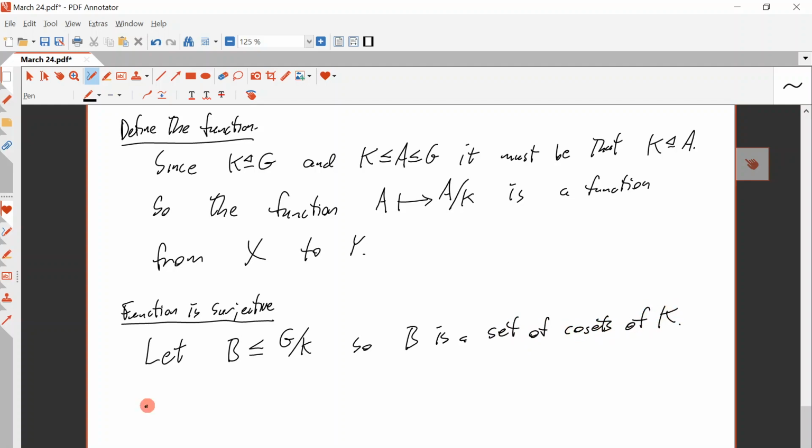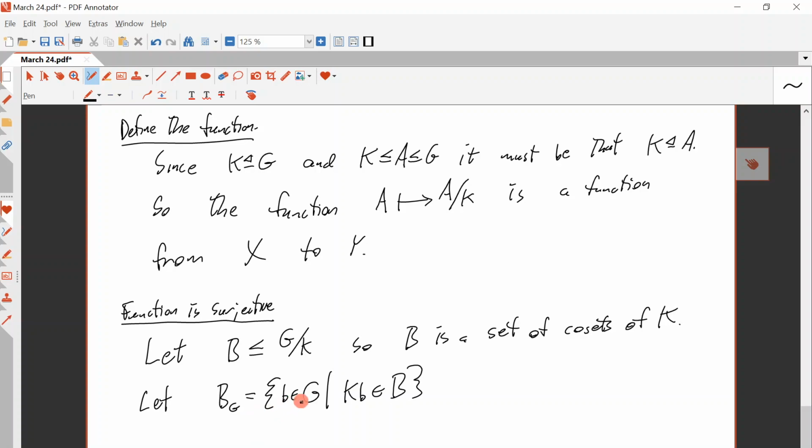Okay, right, let B_G be the set of all little b in G such that Kb, the coset for b, is an element of B. We want to show that B_G is B, that B is B_G mod K. That's what we're getting at here.